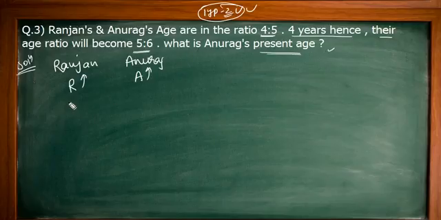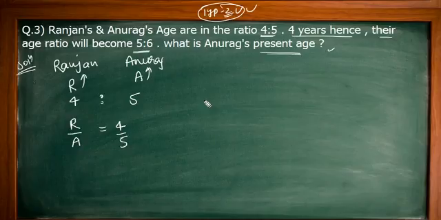The ratio of R and A is given, that is 4:5. So R divided by A will be 4:5. 4 years hence their ages will become 5:6.